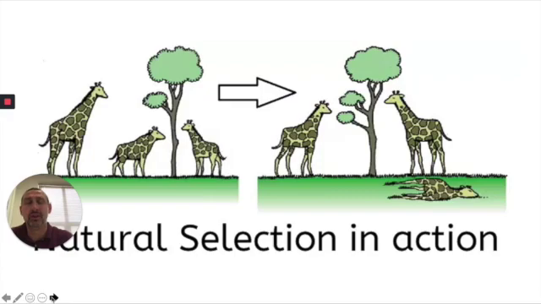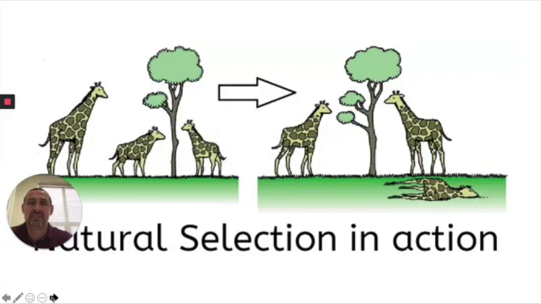The giraffes with long necks can reach the top of trees, reach the bottom of trees, reach the middle of the trees, so they have an adaptation that enables them to survive, pass on that gene when they reproduce, so that the population begins to look more like they have longer necks. And that's just because the frequency of the longer neck allele has increased.